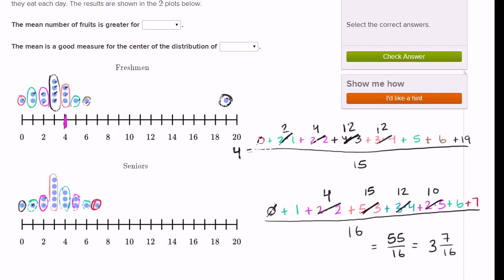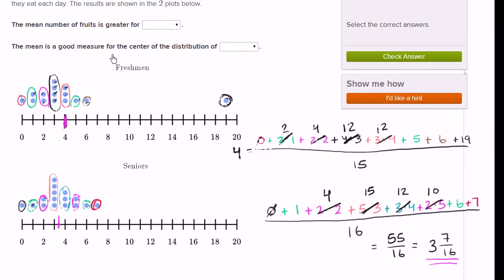So the mean for the seniors, 3 and 7 sixteenths, is right around, this is 3, that's 4, so 7 sixteenths, it's a little less than a half. It's right around there. So the mean number of fruits is definitely greater for the freshmen. They have 4. Their mean number of fruit eaten per day is 4 versus 3 and 7 sixteenths.